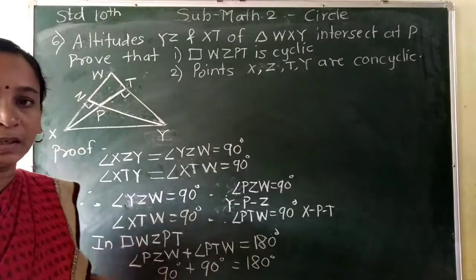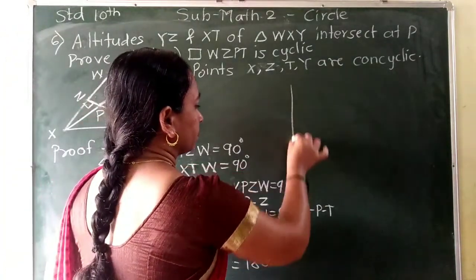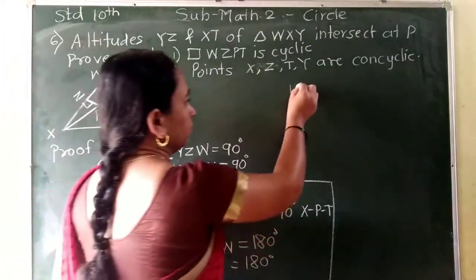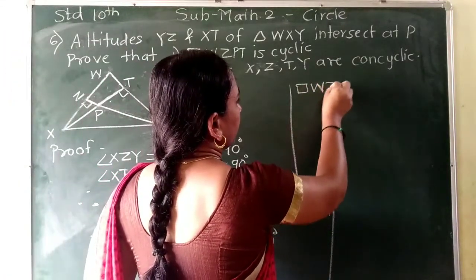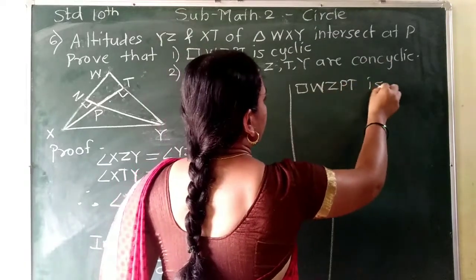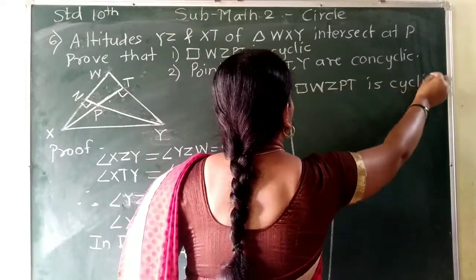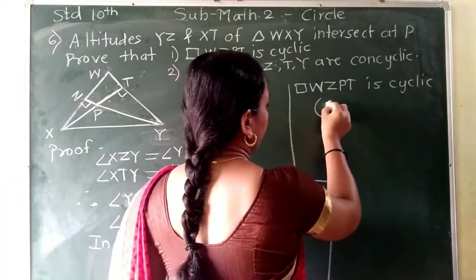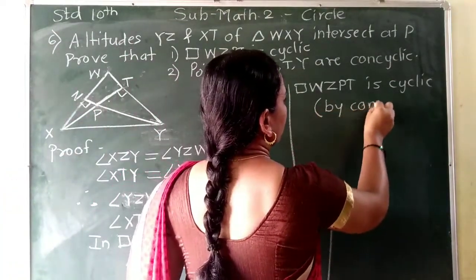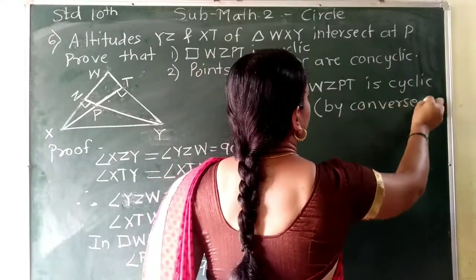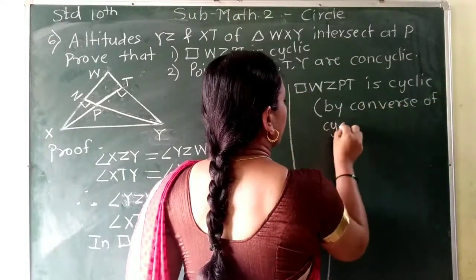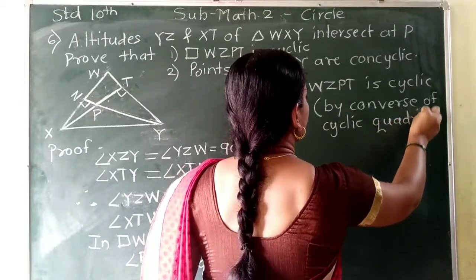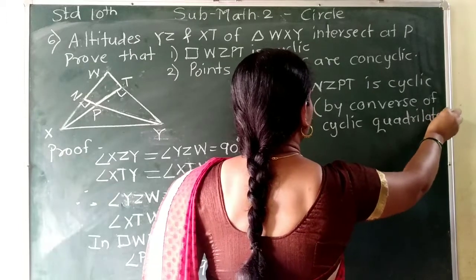And if it is 180 degrees, you can say that therefore quadrilateral WZPT is cyclic. What is the reason? By the converse of the cyclic quadrilateral theorem.